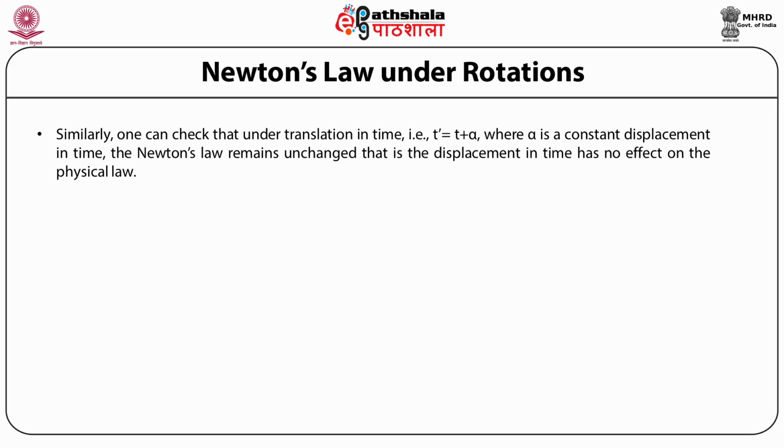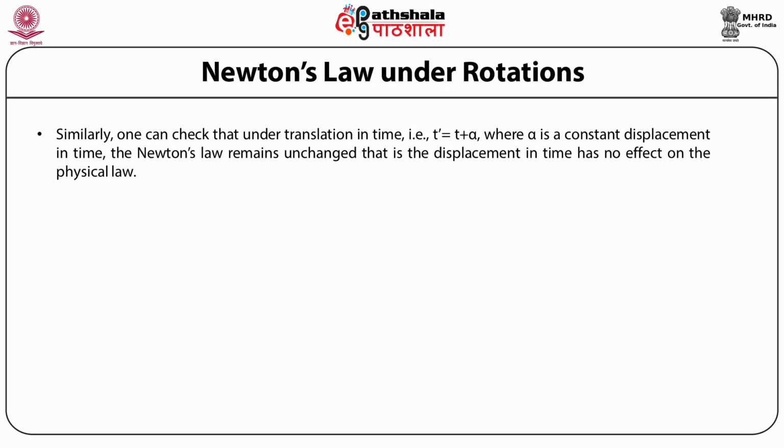That is, the displacement in time has no effect on the physical law. In this manner, we can also say that Newton's laws under translation in time are invariant. That is, they remain invariant whenever we make such a transformation in time.